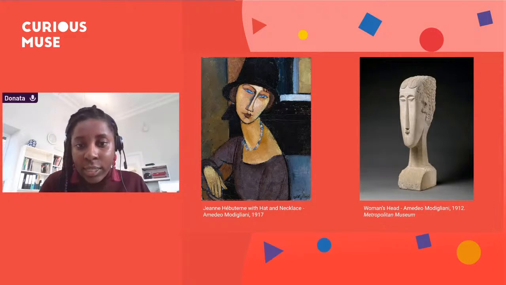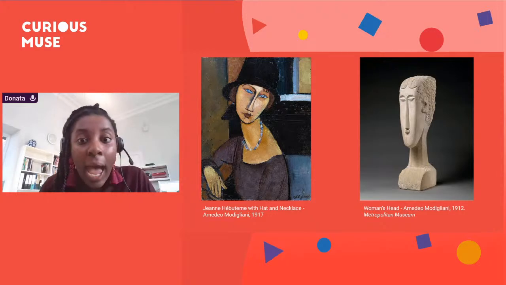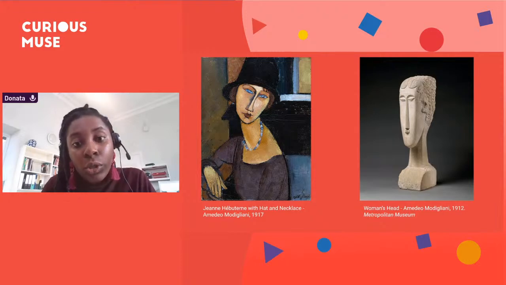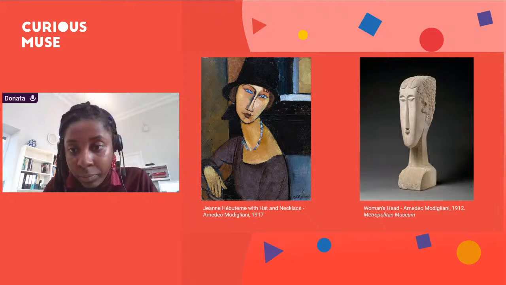His work is known to be sometimes haunting, as it doesn't include eyes all the time, and the people that feature in his work have these longer, drawn out faces. But this is all really connected to him being inspired by African artwork.